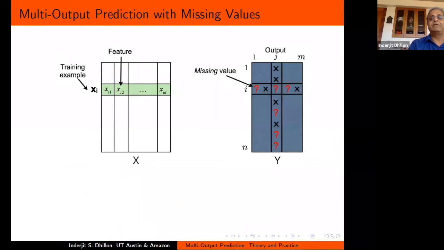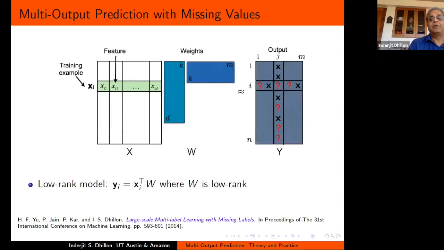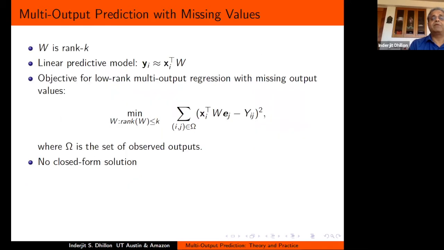So now this is the situation that we are in, that we have m output variables, but there are many missing values. And in applications, more than 99% of the values could be missing. So we can actually take the same approach as we did when there were no missing values. And to exploit the correlations, we can put this low rank prior on the coefficient matrix W. And if we do this, the problem in this case is that there is no closed form solution.